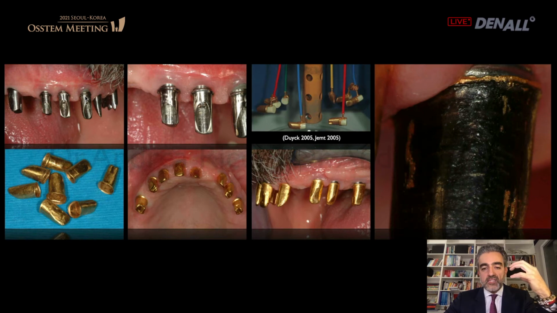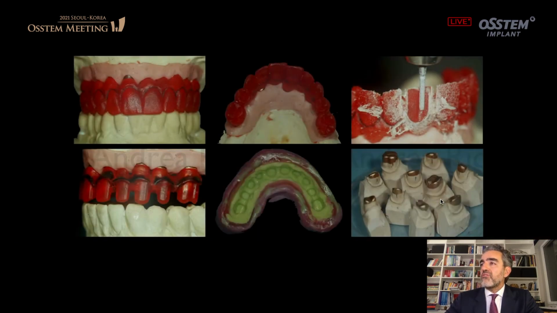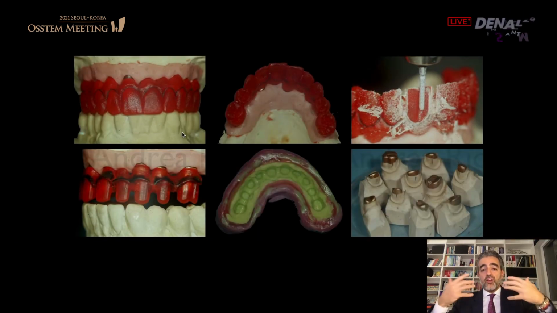It's not the topic of my talk to describe the surgical phase here, but just a slide to show you how sophisticated it was in the past. Here you see titanium abutments covered with AGC, gold copings that had to be checked with the framework very precisely, and then another framework that was designed in resin, then was milled out of titanium.